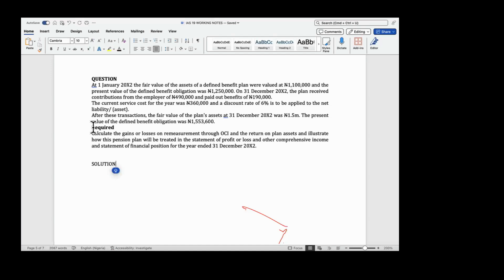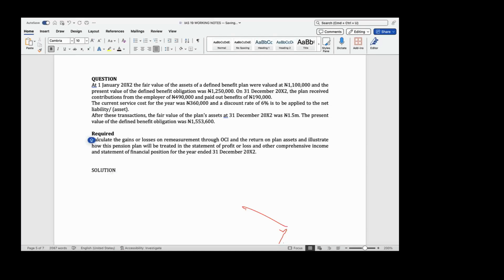At January 1st, 20X2, the fair value of the asset of the defined benefit plan was valued at 1,100,000, and the present value of the defined benefit obligation was 1,350,000.